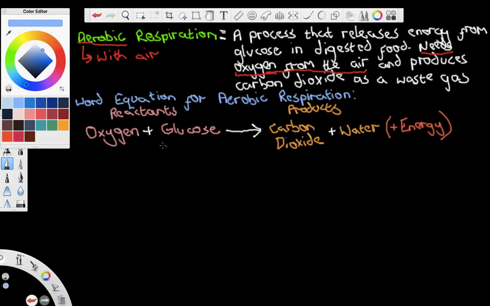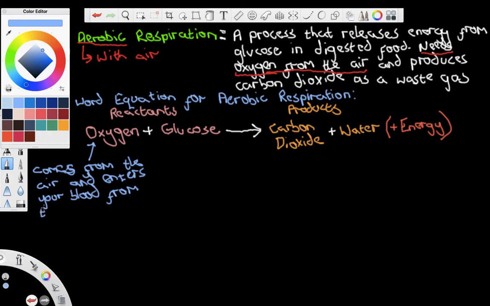The oxygen that your cells use comes from the air, and enters your blood from the lungs. Okay, so it comes from the air and enters your blood from the lungs.